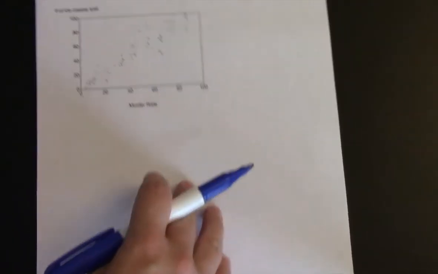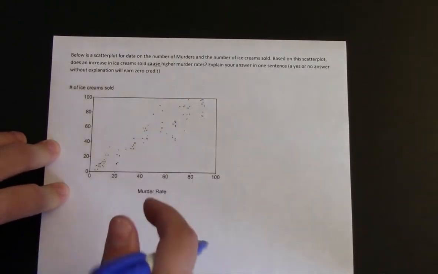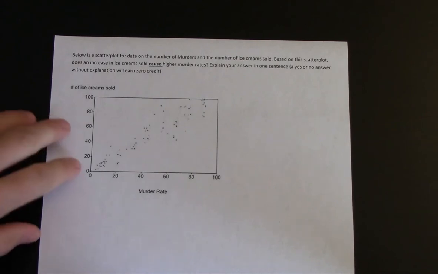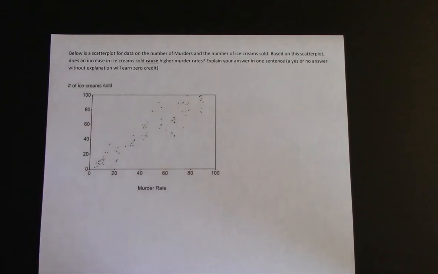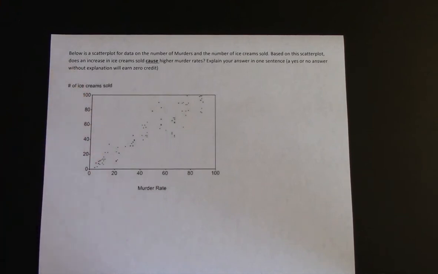Okay. One more question from Module 5. So now we have a scatter plot for the number of murders and the number of ice cream sold. So as you sell more ice cream, the murder rate seems to increase. Okay, based on the scatter plot, does an increase in ice cream sold cause a higher murder rate?